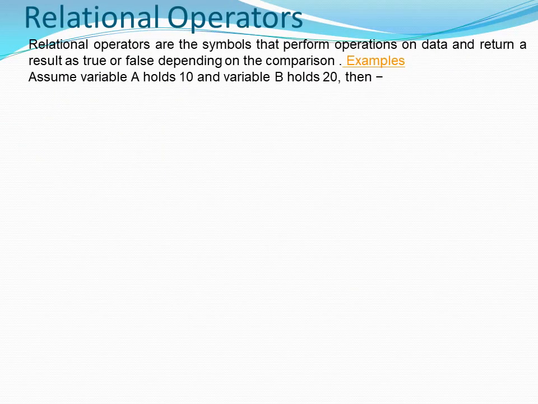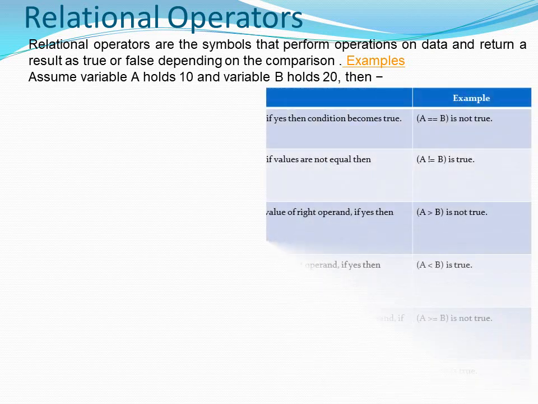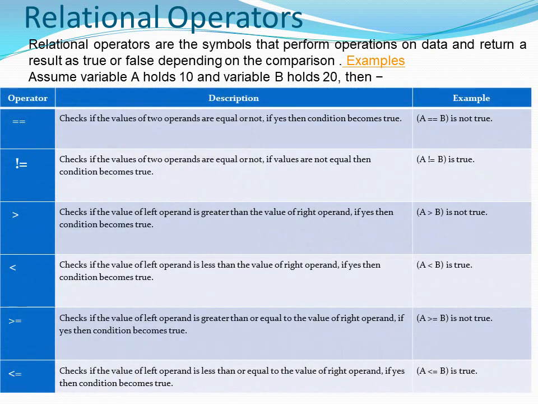Now come to relational operators. Relational operators are the symbols that perform operations on data and return a result as true or false depending on the comparisons. Now, relational operators. First, double equal to, that checks if the value of two operands are equal or not.